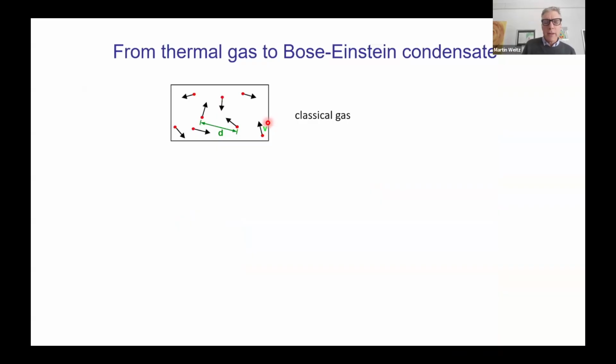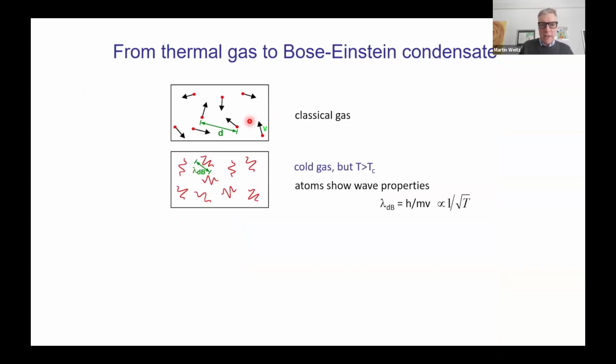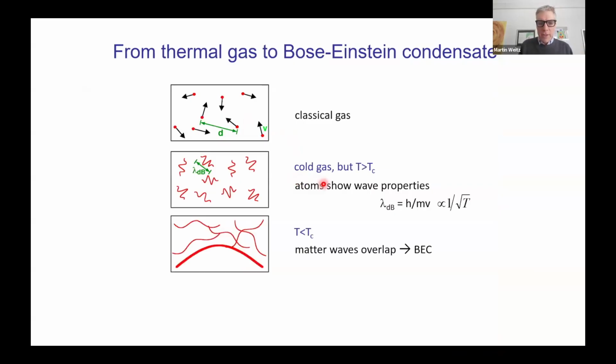What happens if you're cooling atoms or particles to a Bose-Einstein condensate is the following. At high temperatures, one has a classical gas. At lower temperatures, atoms show wave properties. The de Broglie wavelength scales as 1 over the velocity, which is proportional to 1 over the square root of temperature.